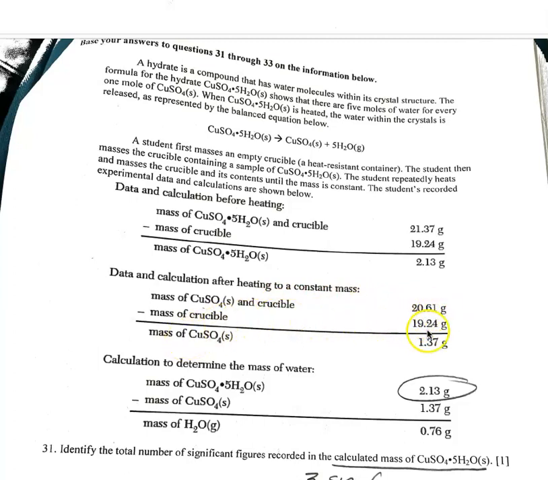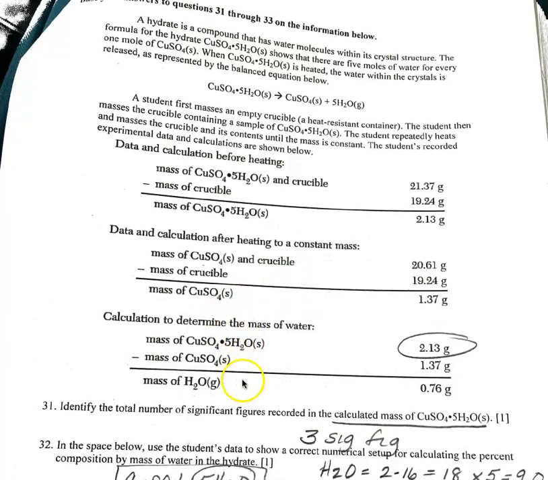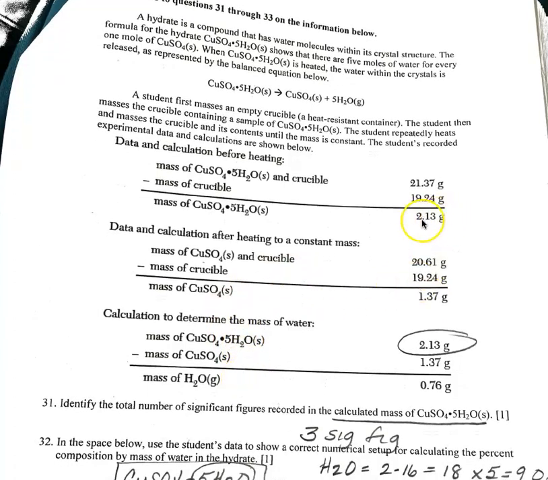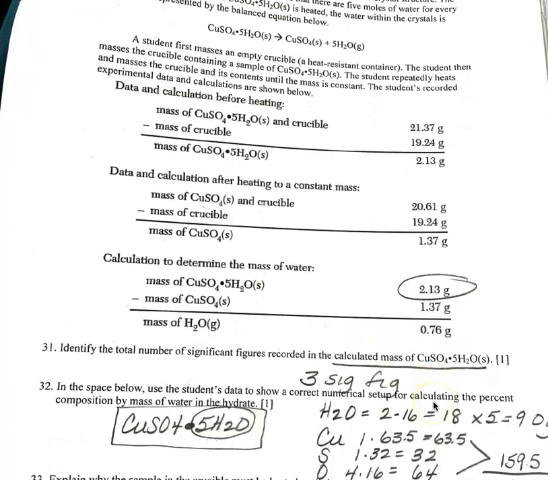We then subtract the mass of the crucible, and the mass of the anhydrous copper sulfate, meaning without water, is 1.37. They determined the mass of the water by taking the original mass, 2.13, and subtracting the anhydrous mass, 1.37, to get 0.76 grams of water.